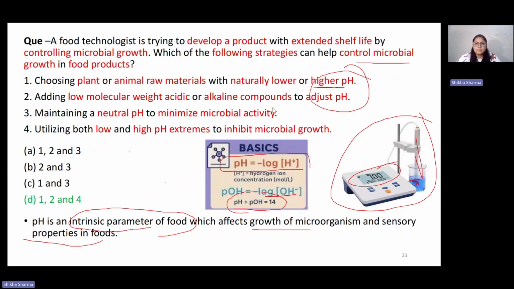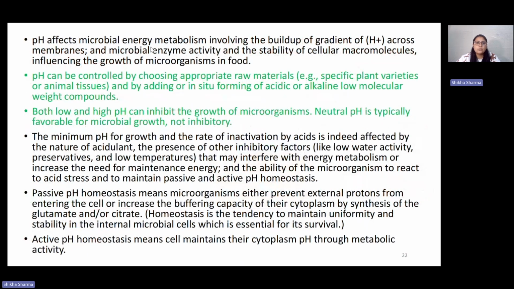pH basically affects microbial energy metabolism, because when the pH is altered, microorganisms need some kind of energy to try to adjust to the changed pH concentration.